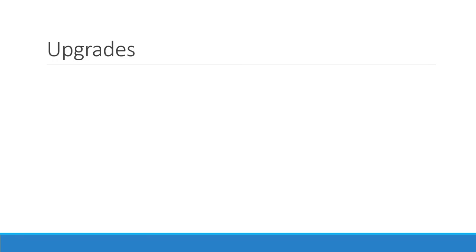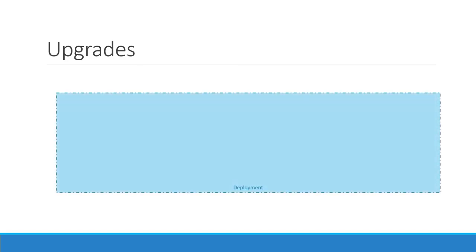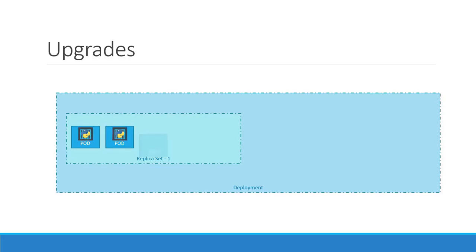Let's look at how a deployment performs an upgrade under the hood. When a new deployment is created, say to deploy 5 replicas, it first creates a replica set automatically, which in turn creates the number of pods required to meet the number of replicas.